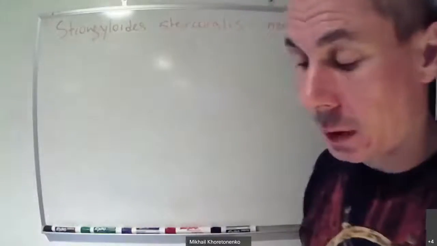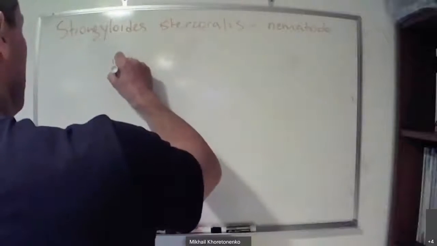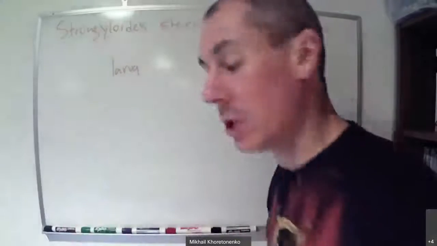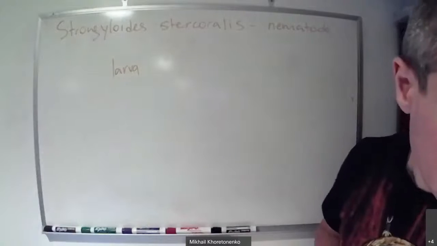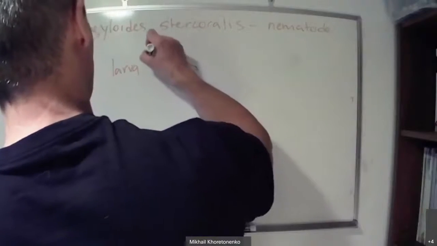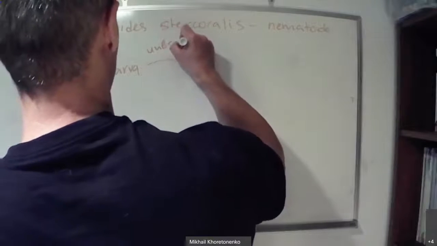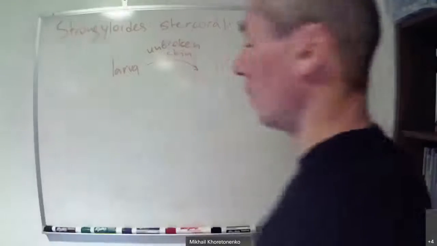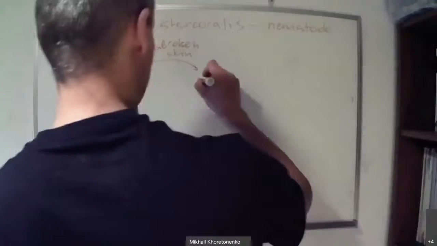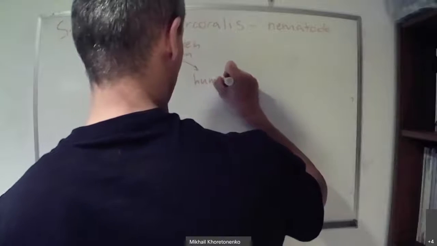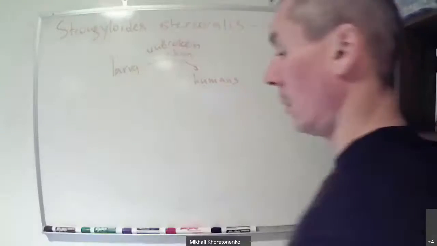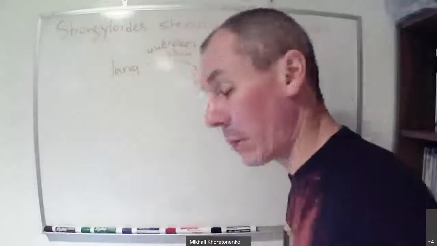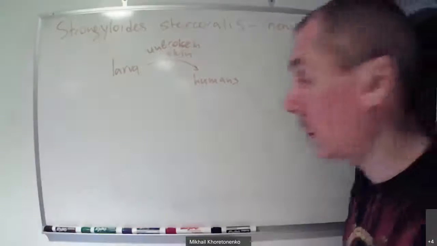Well, let's start with the larva. There are different forms of larva, but we're going to just stick to the larva. Larvae from the environment can penetrate unbroken skin in humans, okay, and eventually migrate from the skin to the intestine.